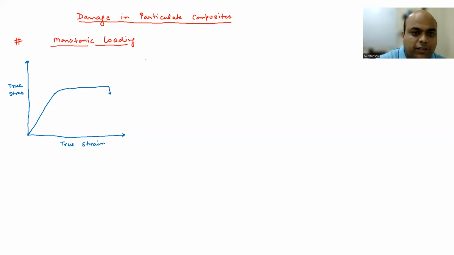So let's say we are talking about 4 volume percentages. One is 0%, that means it is monolithic material, so unreinforced material, right? Then 10%, 20%, 30%. Okay.